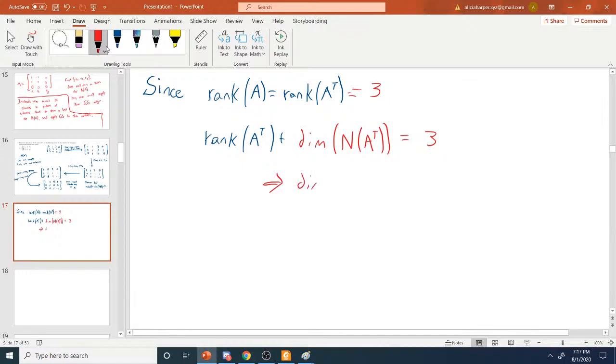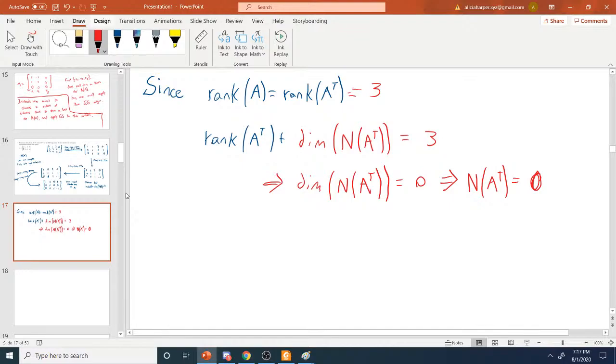It follows that the dimension of the null space of A transpose is equal to 0, which implies that the null space of A transpose is equal to 0, the 0 vector space.